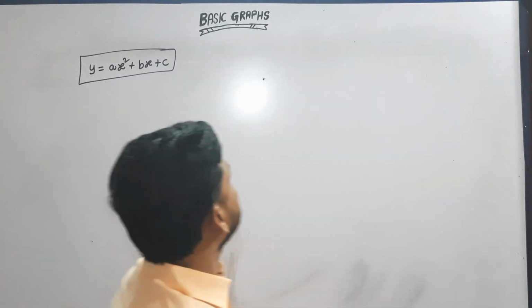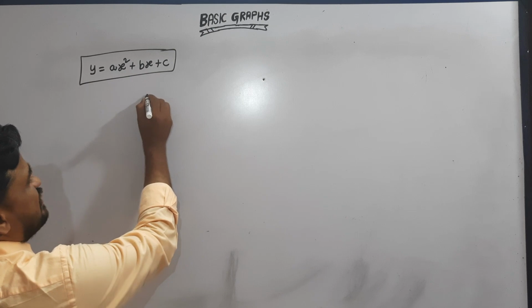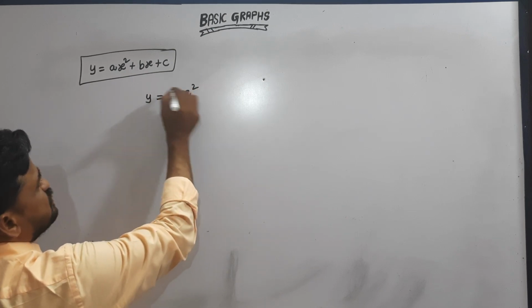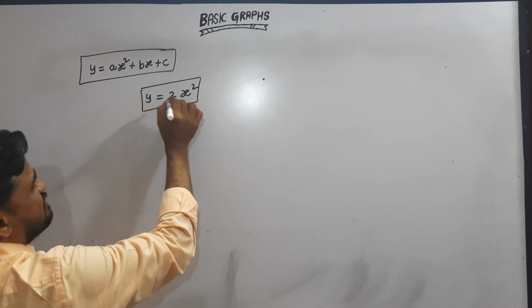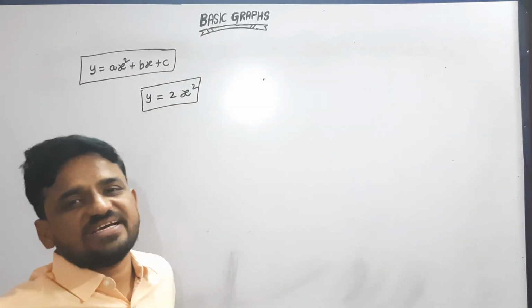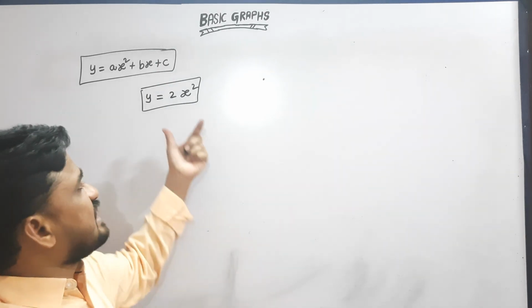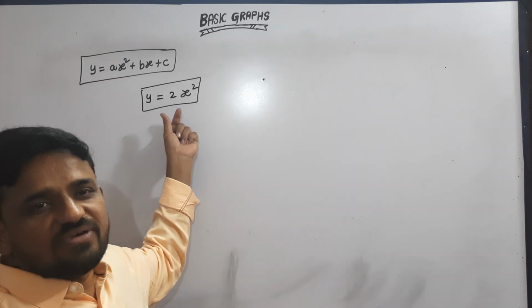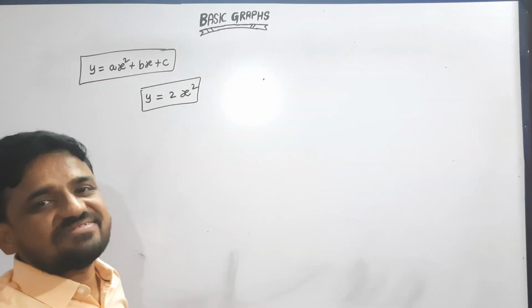Let us see. The simplest quadratic equation is like y equal to 2x square, simply y equal to ax square. Draw the graph of the quadratic equation y equal to x square.